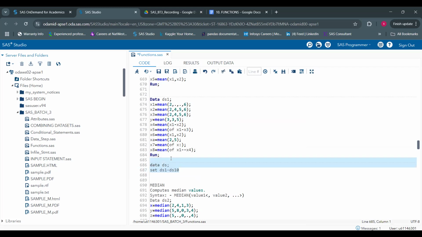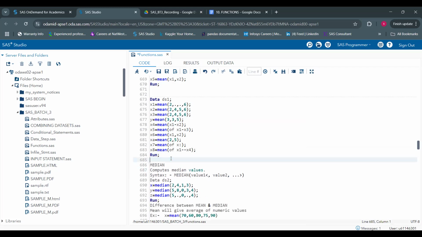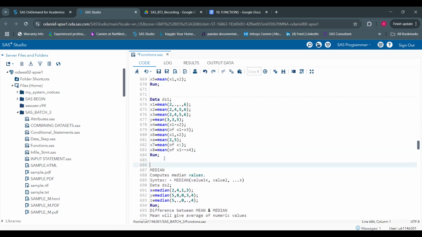The same way, x colon means whichever variables have x followed by a number or something. Whichever has the first character x, it will give the mean of everything. Got it, ma'am?